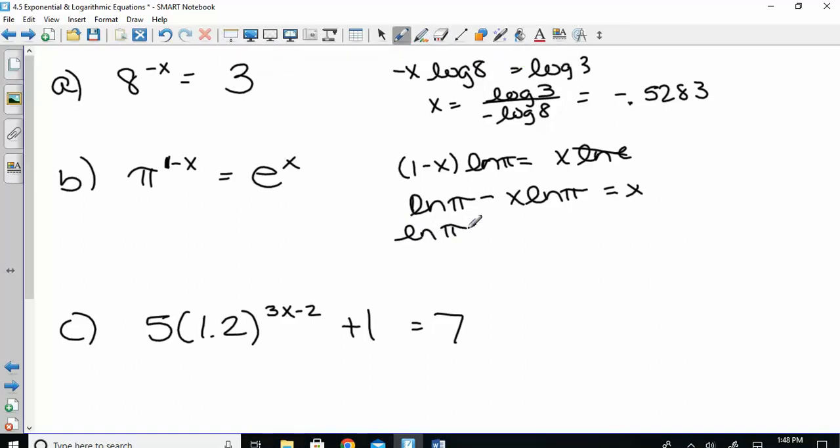If we get our x's on one side, what could you do then? They both have an x, so we could factor it out.